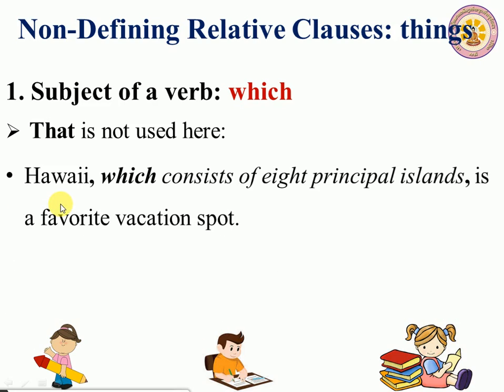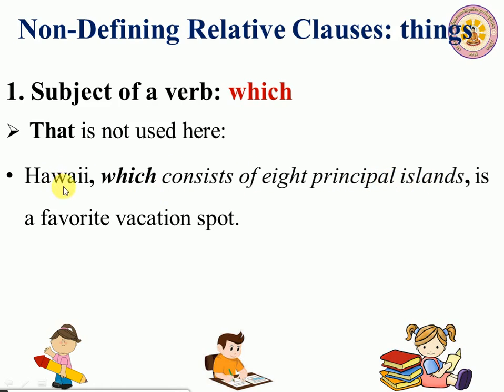Example: Hawaii, which consists of eight principal islands, is a favorite vacation spot. So Hawaii is the name of a specific place, that is, the thing. So we use which, and which consists of eight principal islands is the relative clause.